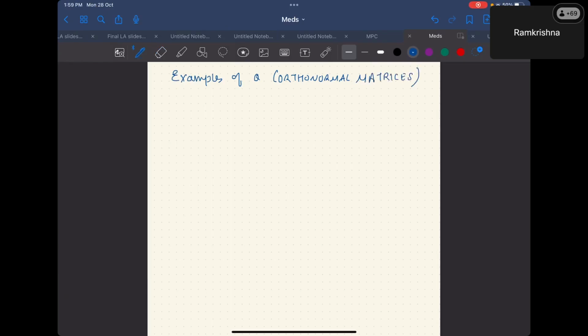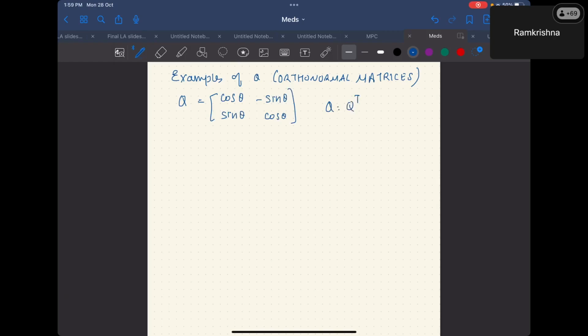Orthonormal matrices. Say Q has cos theta, sine theta, and negative sine theta, cos theta. First property: Q inverse is equal to Q transpose.